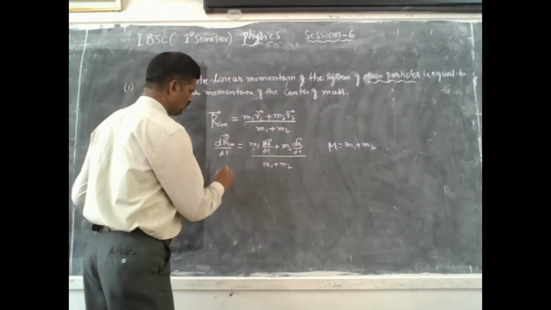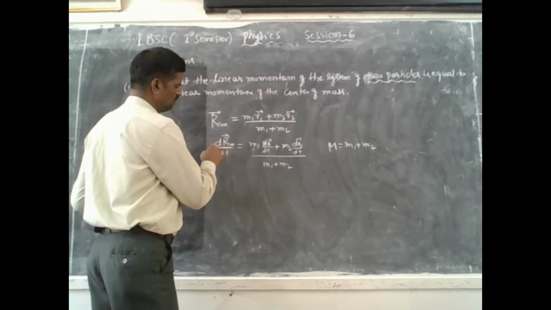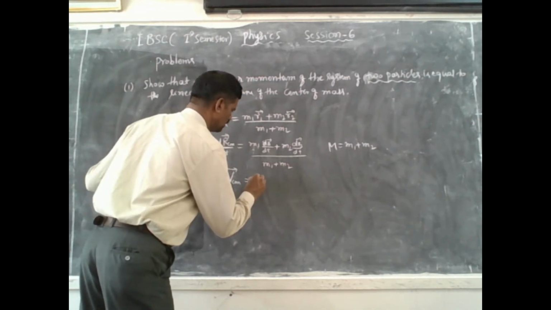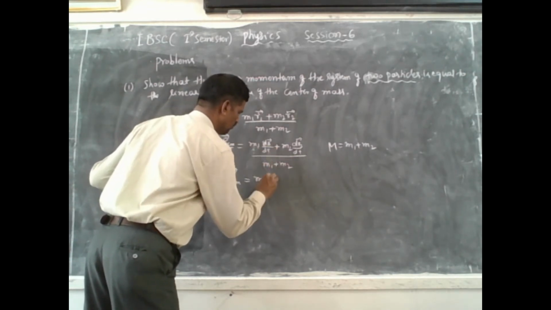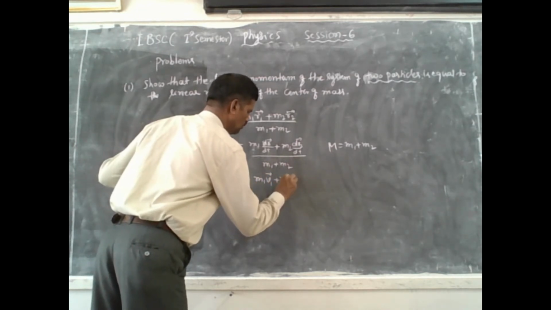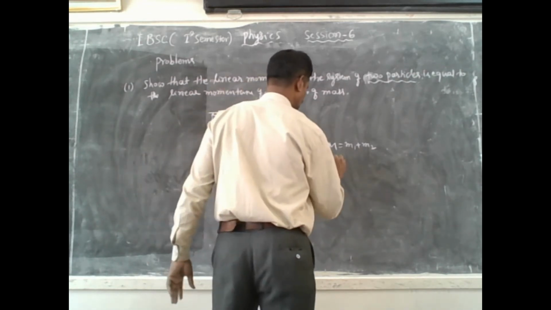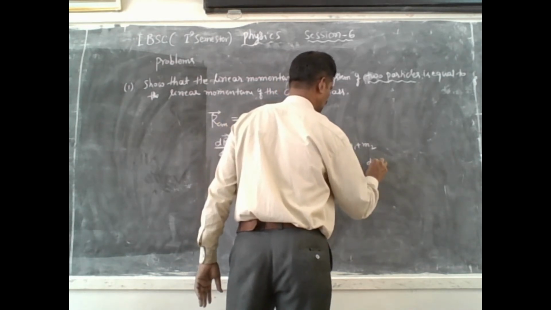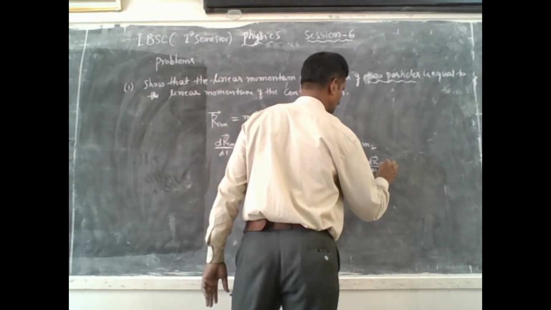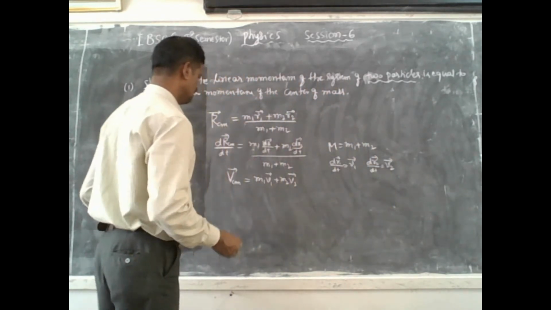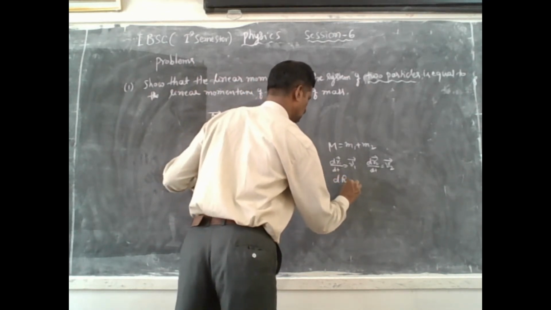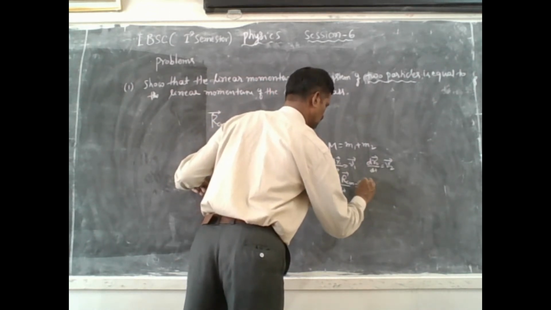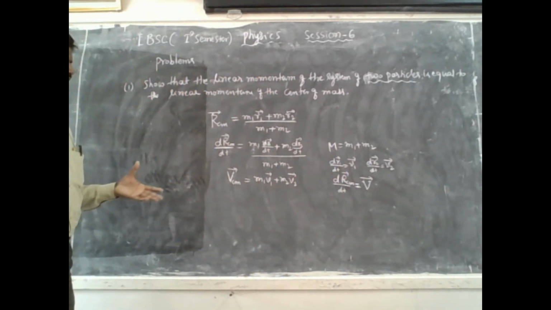Now we have to assume dR_CM by dt is equal to V_CM, which equals (m1 v1 plus m2 v2) divided by M, because dr1 by dt is equal to v1 and dr2 by dt is equal to v2, velocities, and dR_CM by dt is equal to the velocity of the center of mass.